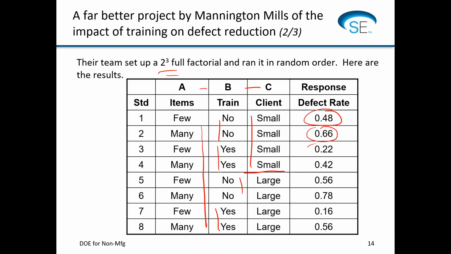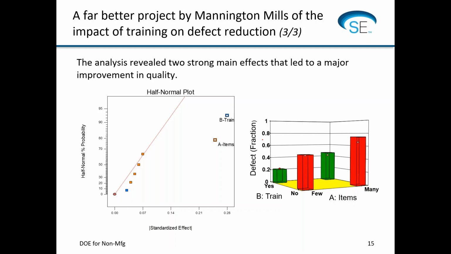This would be an example where maybe counts of imperfections would have been better, but they were able to get a big enough contrast on the results here that they were able to see, and this is an output from Design Expert on a half normal plot, that two main effects stood out, whether you had more or less items in the training.